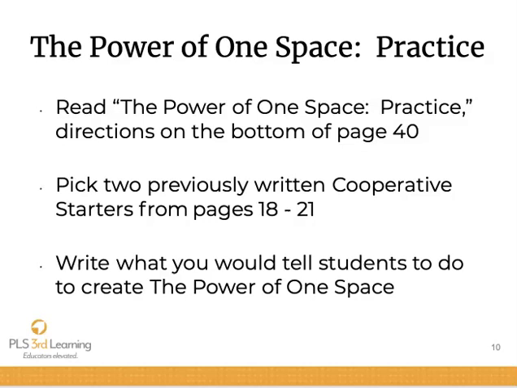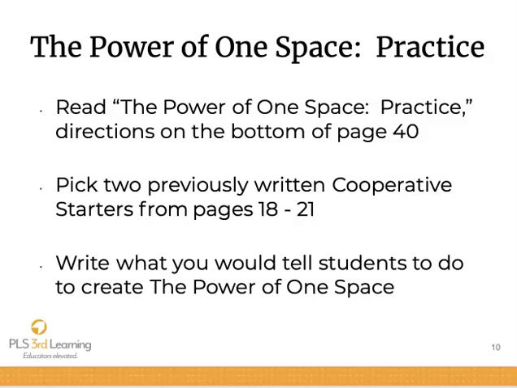Under the heading Directions for the Power of One Space, write what you would tell students to do in order to create the power of one space. How would you create a physical arrangement conducive to groups working closely together in your classroom? How would you tell students to arrange themselves in your environment to create the power of one space?